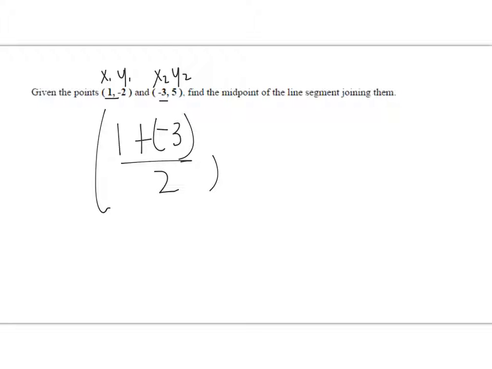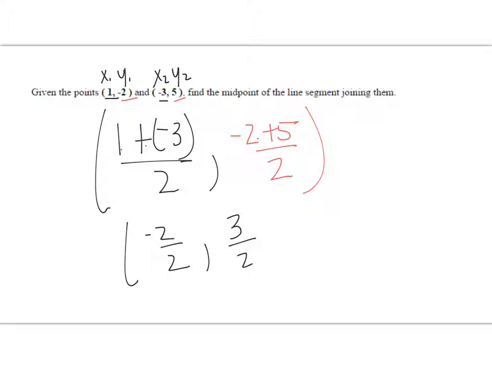And then to find the y-coordinate, we're going to go -2 plus 5 over 2. And we just want to simplify that. So 1 plus -3 is going to be -2 over 2. -2 plus 5 is going to be 3 over 2. So this simplifies to (-1, 3/2). And that is the midpoint.